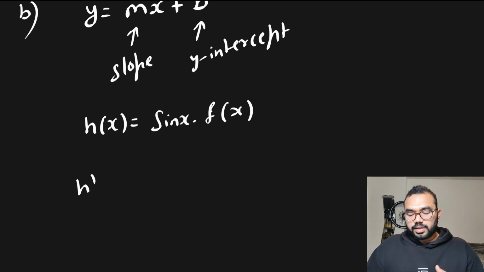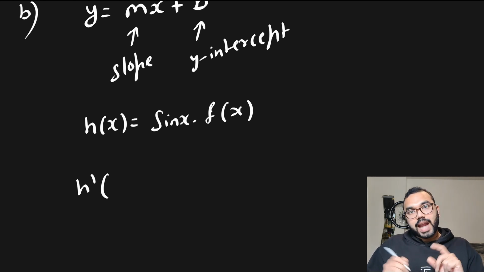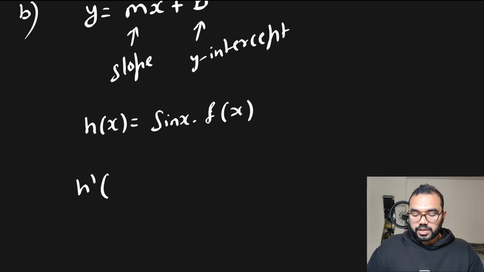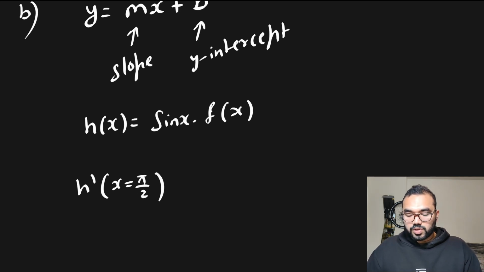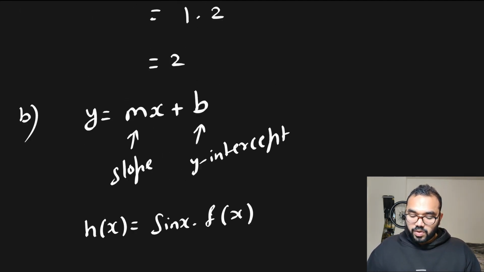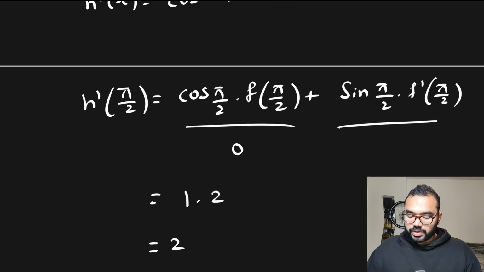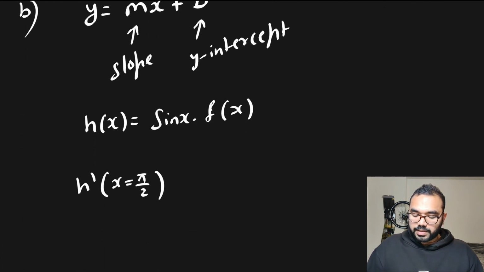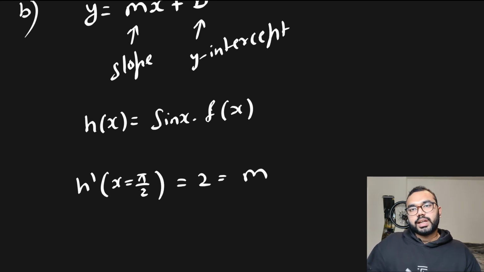We are finding the derivative at x equals pi over 2. But we already found h prime of pi over 2 in the previous question. What is h prime of pi over 2? It is 2, right? So h prime at x equals pi over 2 is 2, and that is the slope of the tangent.